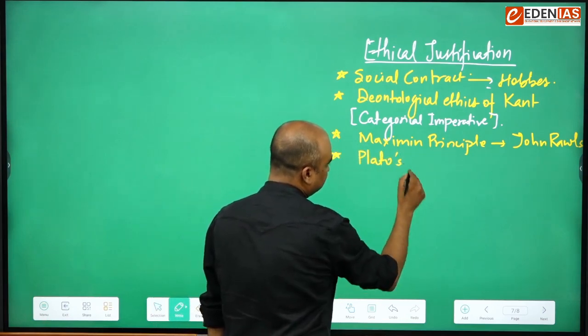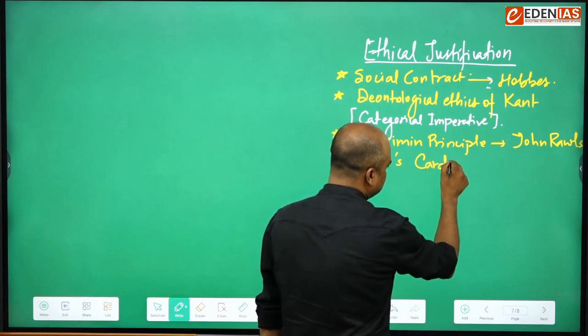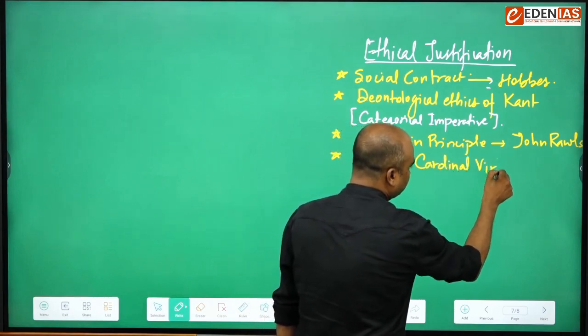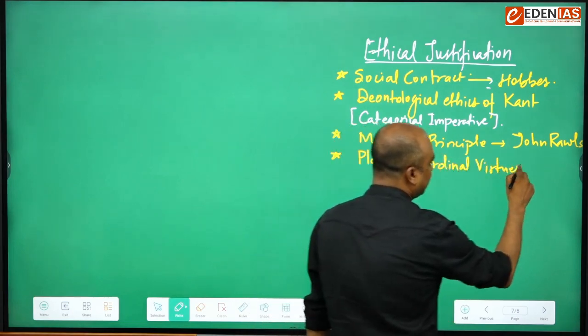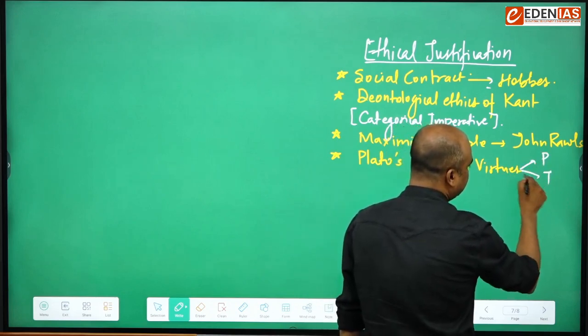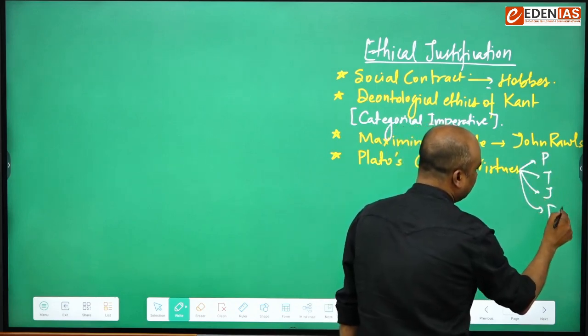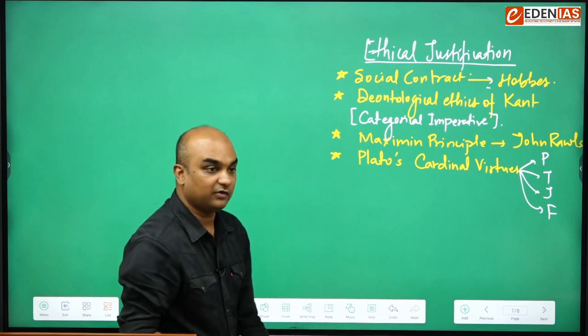Plato's cardinal virtues, like all the four: prudence, temperance, justice, fortitude. Show all of them.